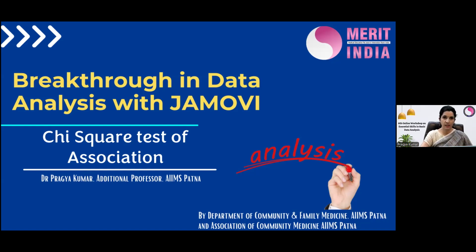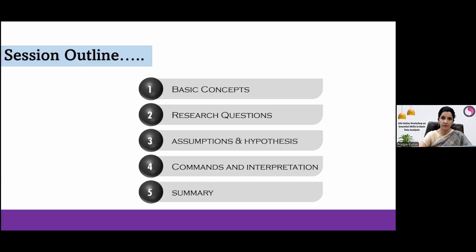Chi-square test of association inherently is a non-parametric test. And right now we have just discussed normality and parametric versus non-parametric. So we will be talking briefly about the basic concepts of this chi-square test of association, the various research questions which we can address through it, and what the assumptions and hypotheses are.